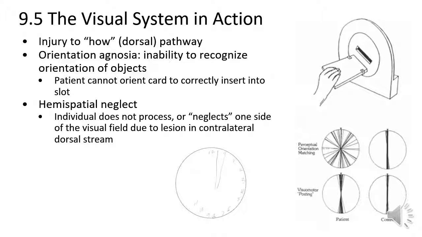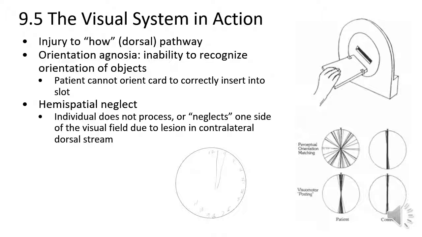The slot in this case was straight up and down in that task. The control patient, for the most part, was always able to insert the card at the correct orientation into the slot, whereas the patient, if they just had to match the orientation, without feedback from the slot, was almost completely at chance. They were unable to move this card in the correct orientation into the slot.